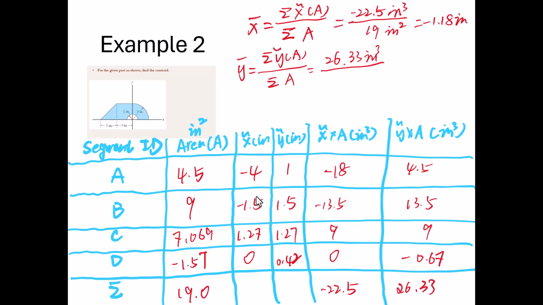Just pay attention to the hole, like segment D, whose area should be negative.